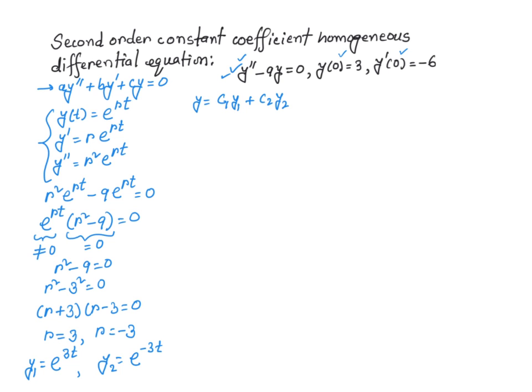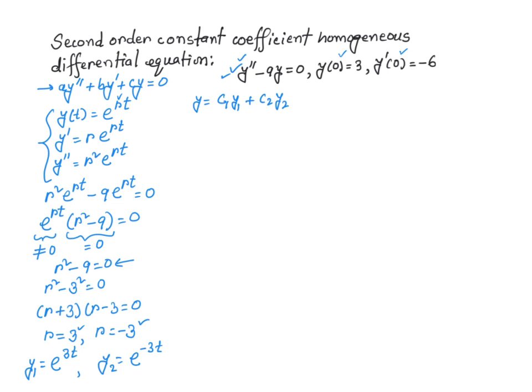And one thing I should mention here, this equation is called the characteristic equation. So the characteristic equation we can solve and then find the value of r, which we did here in our case, 3 and negative 3.